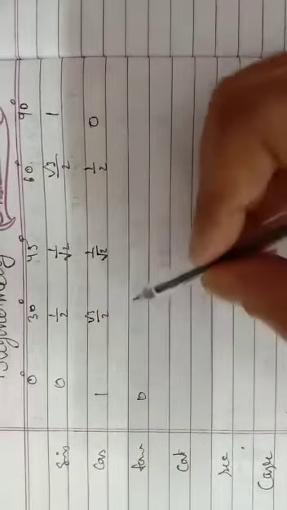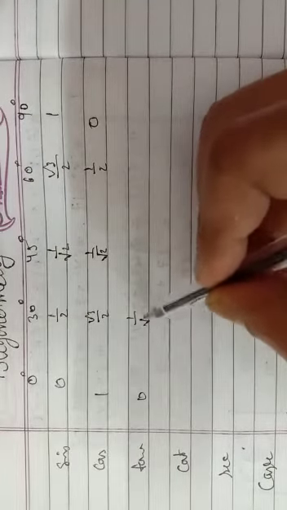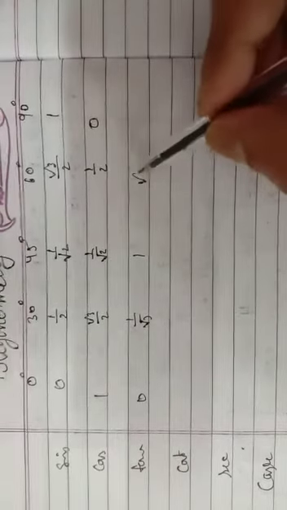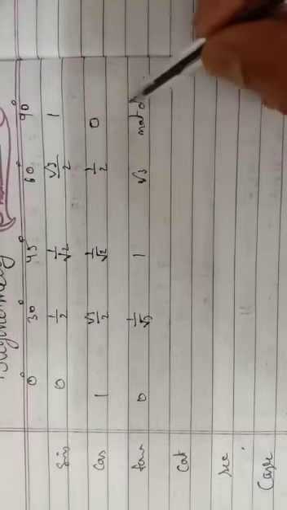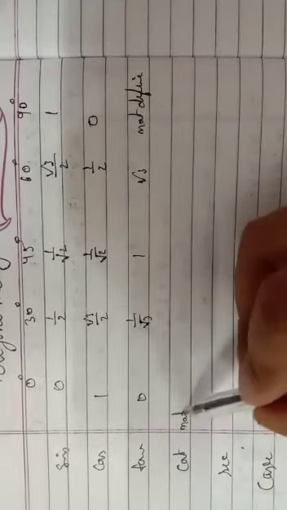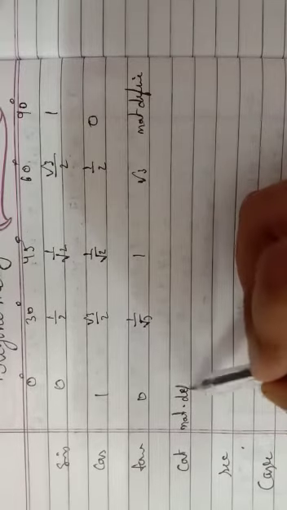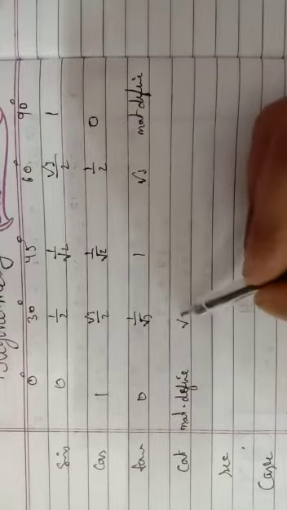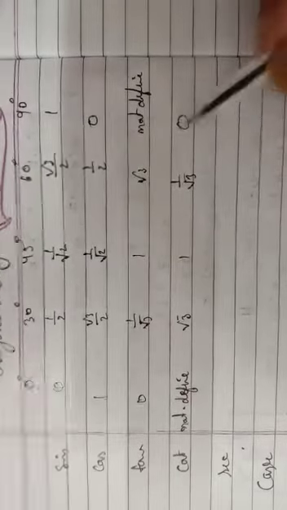Tan 0 degree, then 1 over under root 3, 1, under root 3 and not defined. Cot value: not defined, then under root 3, 1 over under root 3 and 0.